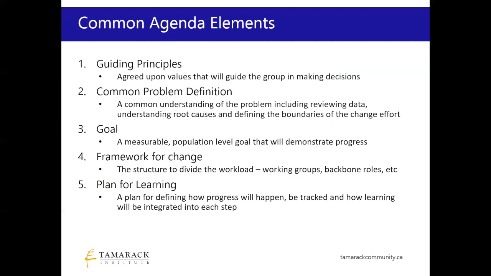Finally, our third element is to identify a goal. So what is our measurable population level goal that will really demonstrate that we want to make progress on this issue?